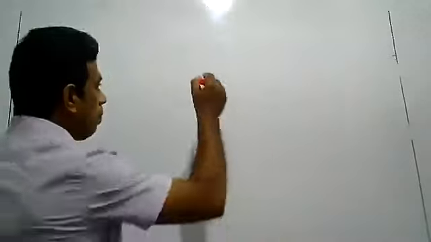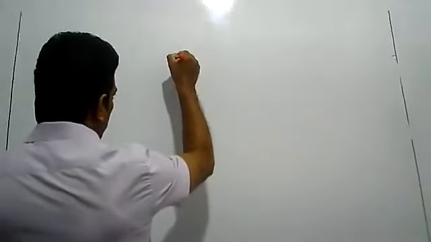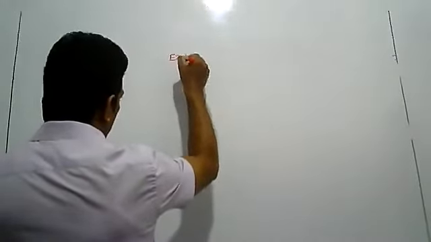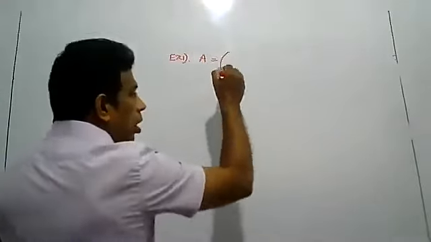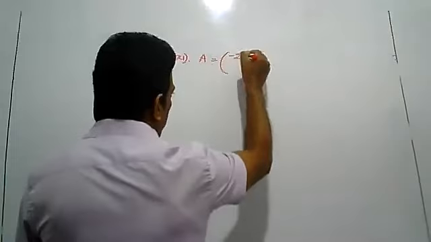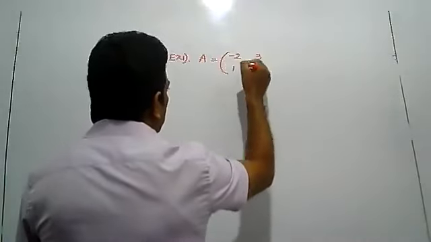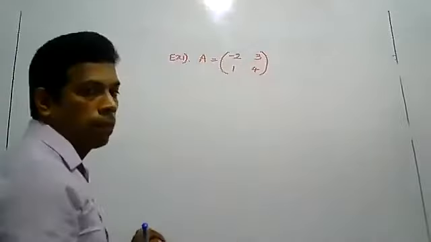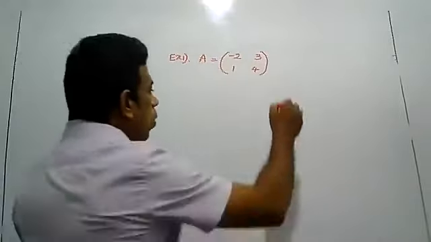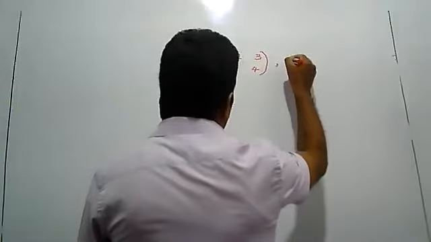Then right here, example 1. I will give you two examples. Matrix A, I will write, a square matrix of order 2 by 2. Now I want to find 2A.